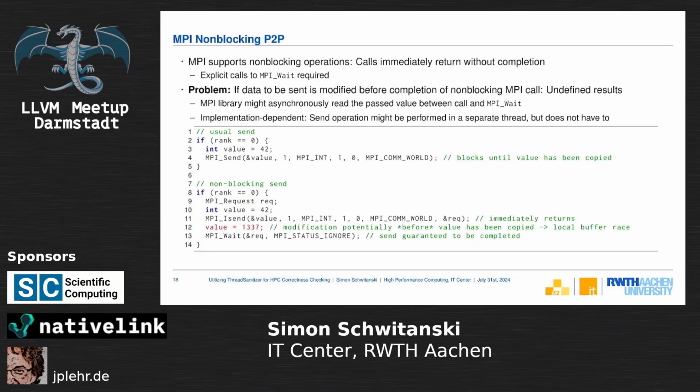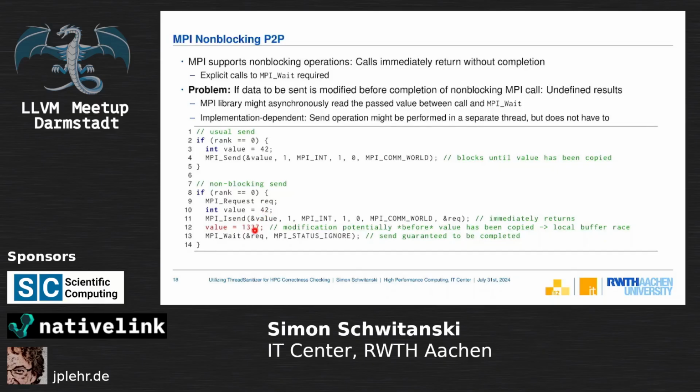And therefore there's no problem. But if you do something like that here, that means you have your MPI send. I send value 42, but then I set value to 1337 before I call the MPI_Wait. Then you have something like undefined results, because it's not clear if 42 will be sent or 1337.